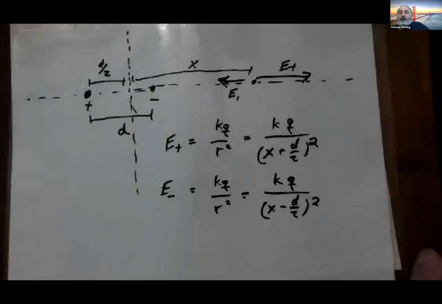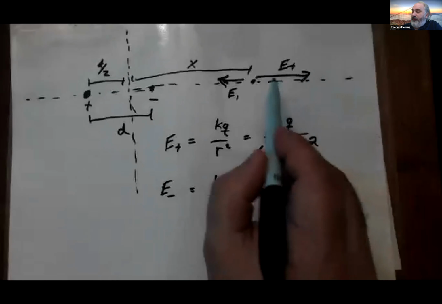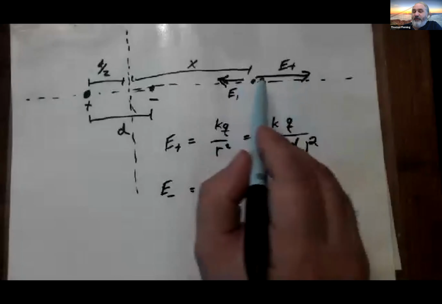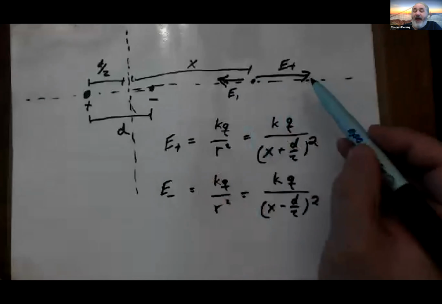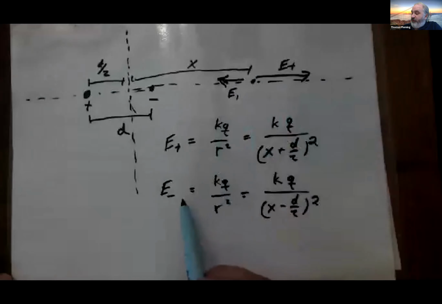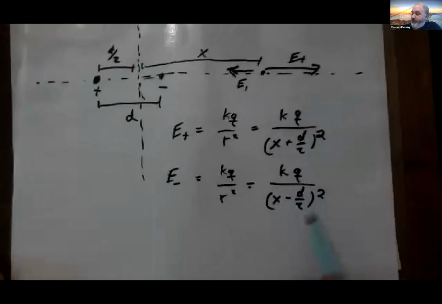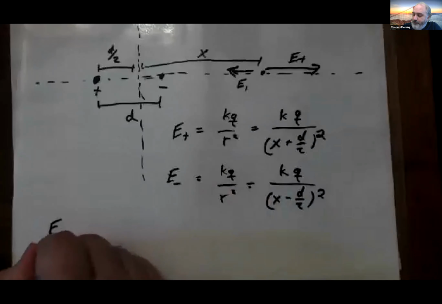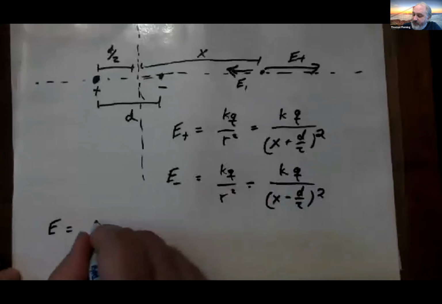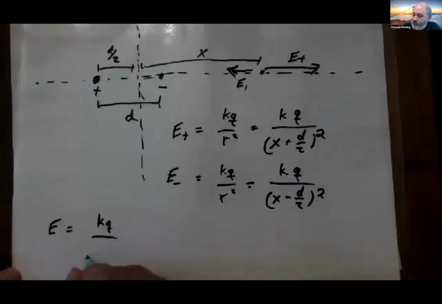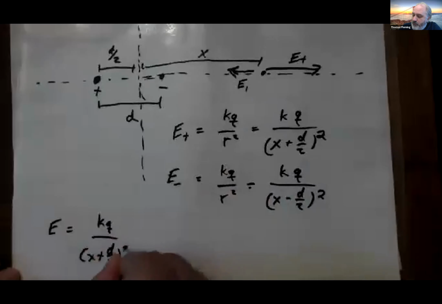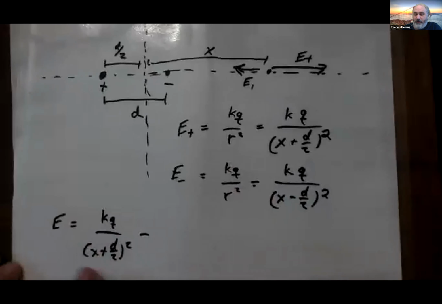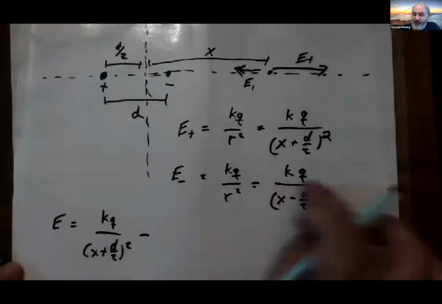Now, conveniently for us, since the electric fields are in opposite directions, all I've got to do is add these two things together. But since this one is to the left, I'm going to make it negative. So my total electric field is going to be kQ over, all right, that's the positive part, minus the negative part.